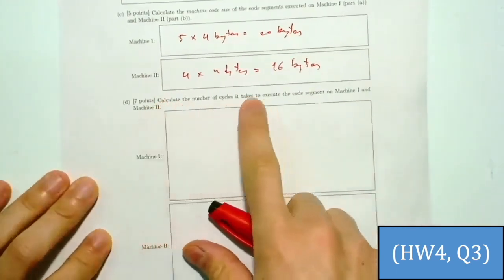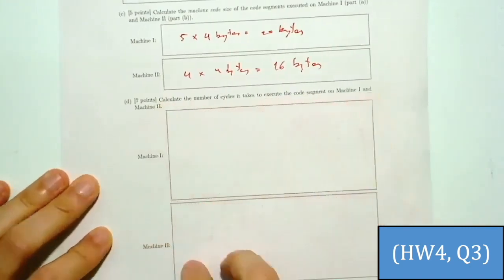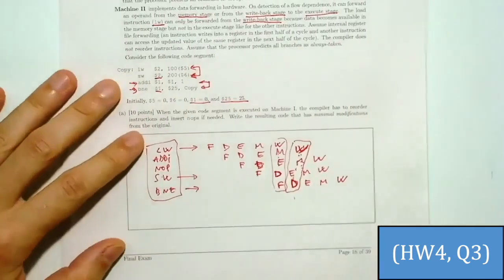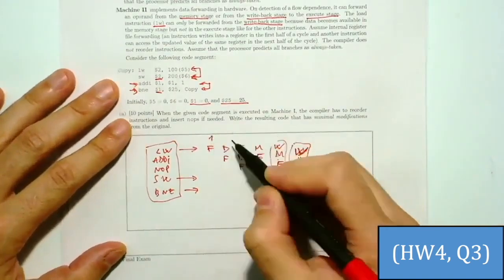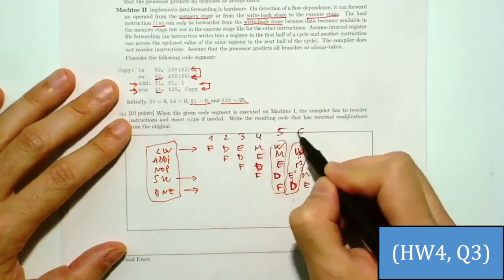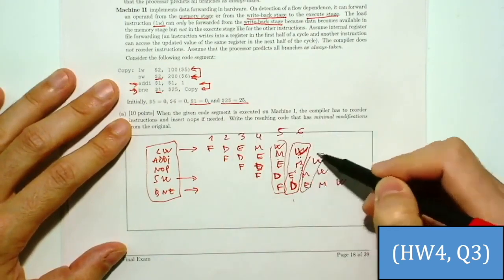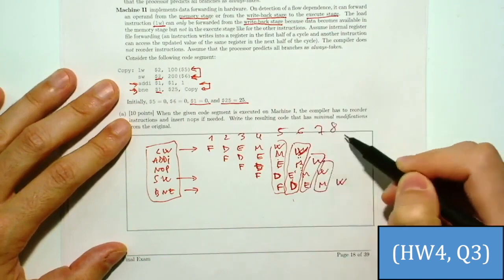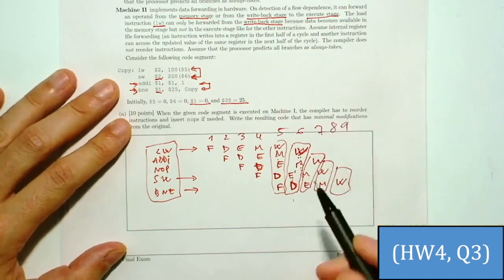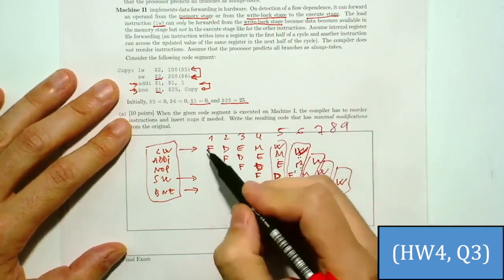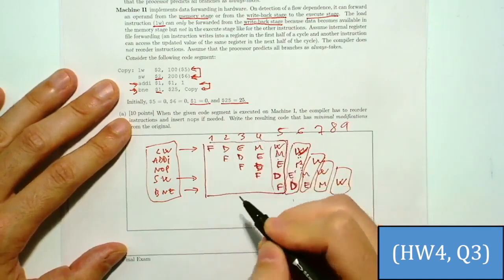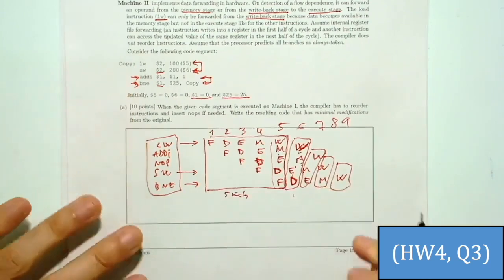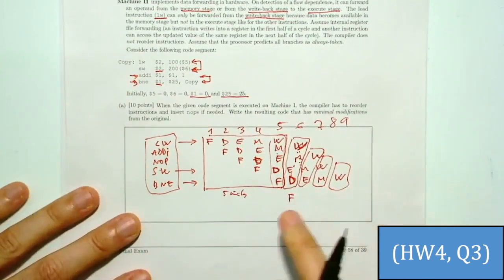So calculate the number of cycles it takes to execute the code segment on machine 1 and machine 2. For machine 1, you already have this diagram here, right? This is cycle 1, cycle 2, cycle 3, 4, 5, 6, 7, 8, 9. So this is one iteration of the loop. In one iteration of the loop, you can issue 5 instructions, and the next loop can start immediately after these 5 instructions.